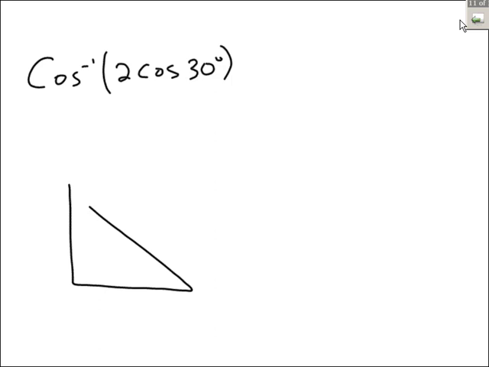Suppose you were asked to calculate the cosine inverse of 2 times the cosine of 30 degrees. Well, let's calculate the cosine of 30 degrees. 30 degrees, 1, 2, square root of 3.